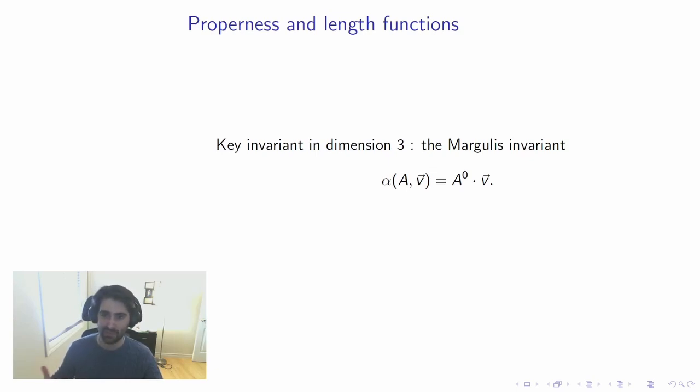So in dimension 3, one of the key invariants is the Margulis invariant. Here, this alpha is a quantity that you associate to some affine transformation. The affine transformation is given by two things, a matrix and a vector. The matrix is some element of SO(2,1).